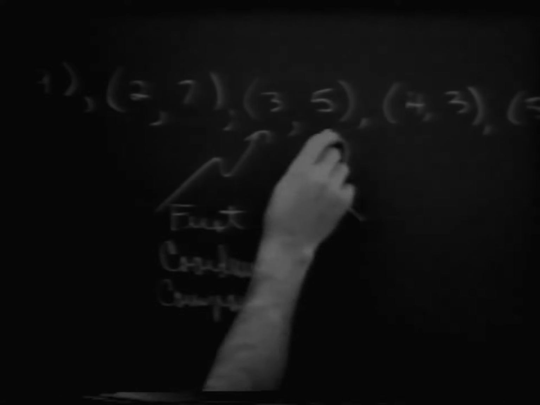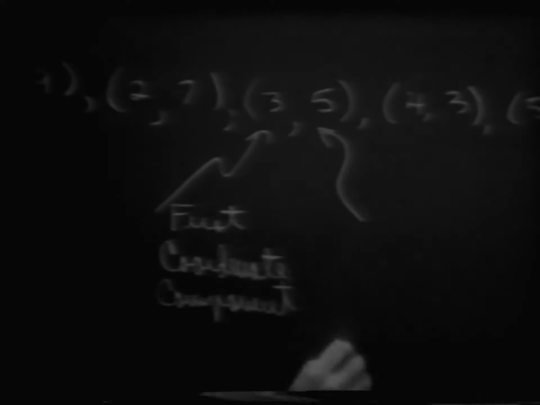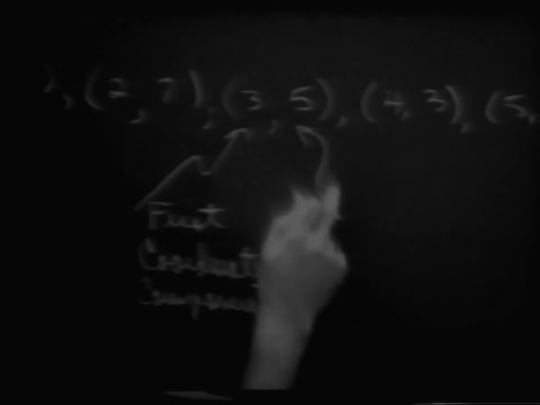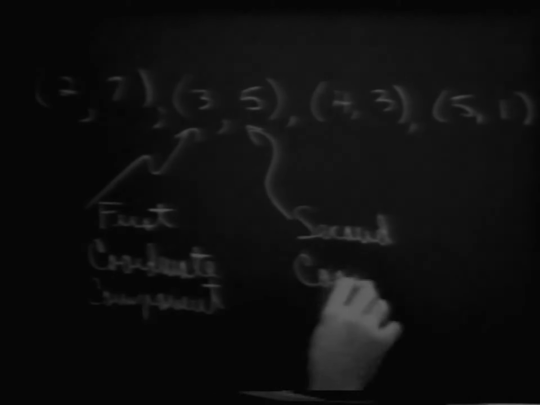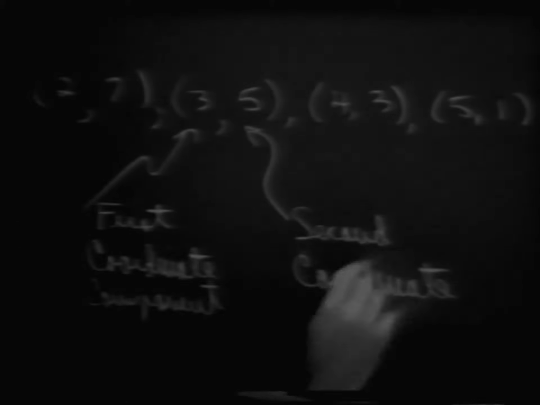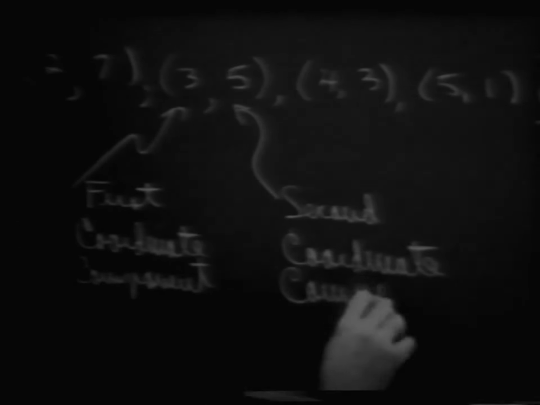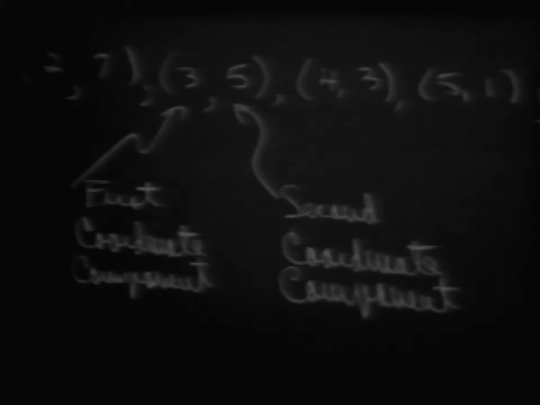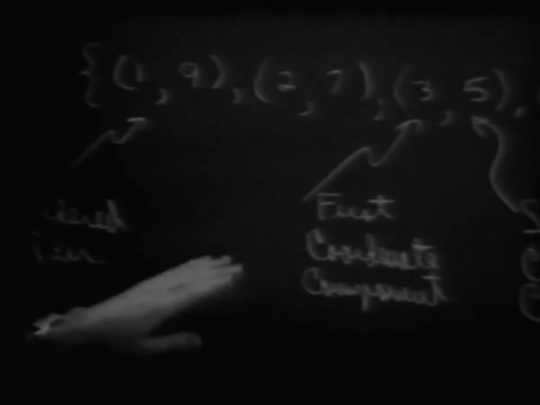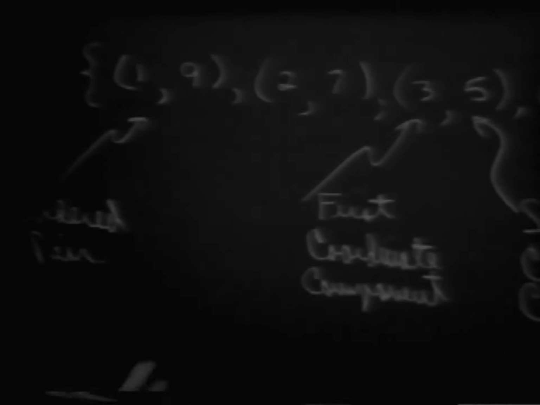And of course, this element here, we would call what? Well, if this is the first, this one has to be called the second coordinate or element or component, okay? Now, notice we have here a list of the elements in our set, in which the list consists of ordered pairs of numbers.